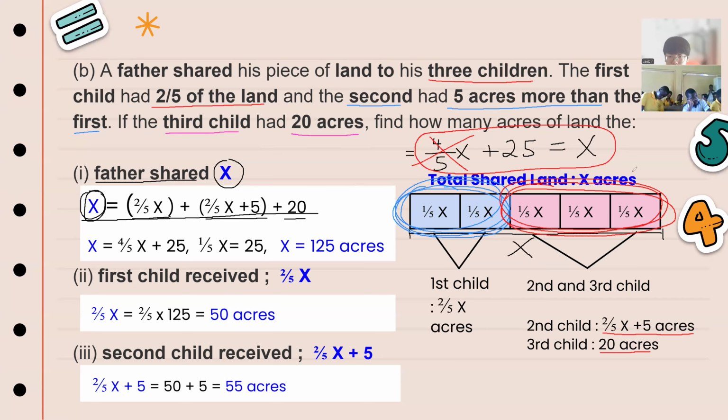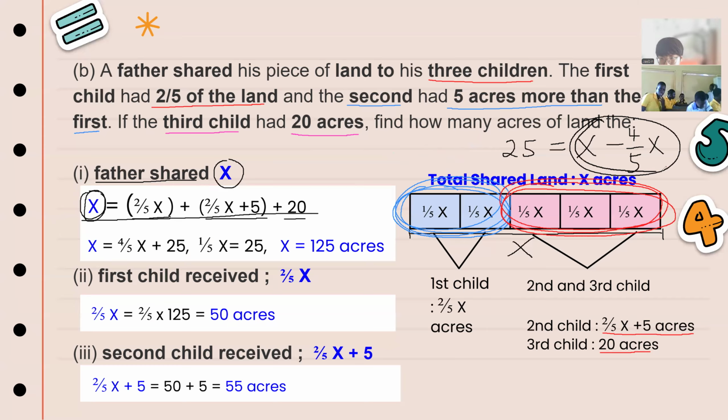Then what is x minus 4 over 5x? We get 1 over 5x, right?